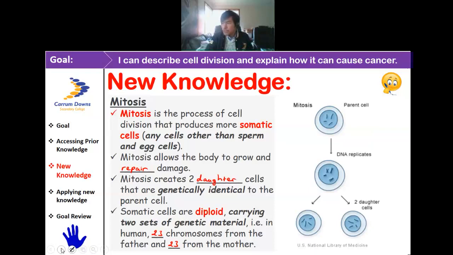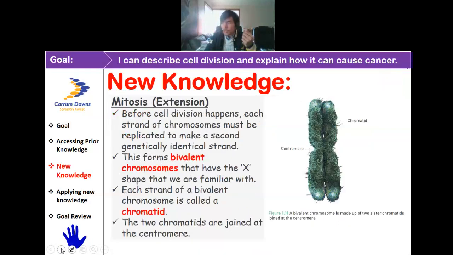What I would like you to be able to do out of this lesson is at least tell me what mitosis is, what we get out of mitosis, and why we have mitosis. If you are interested in knowing more about this whole process, there's some extension reading here that you can go through by yourself.